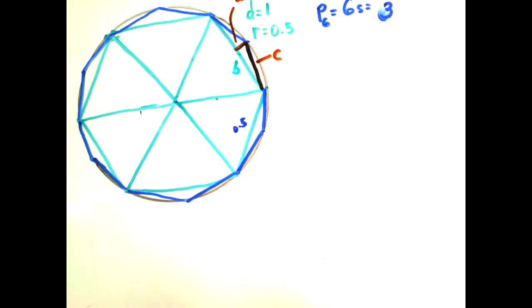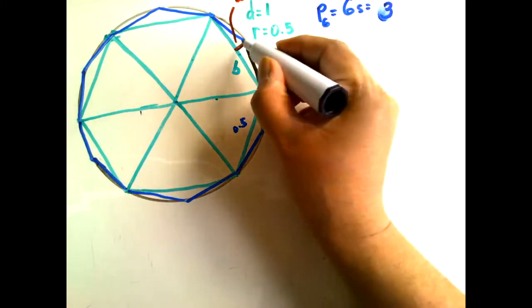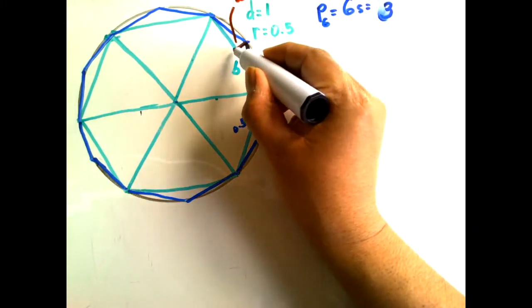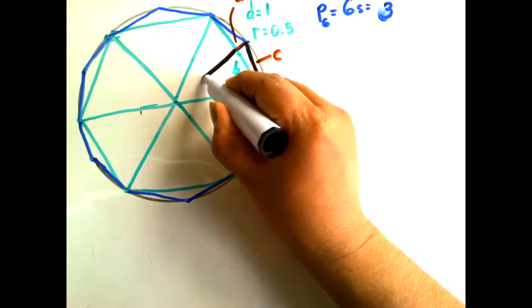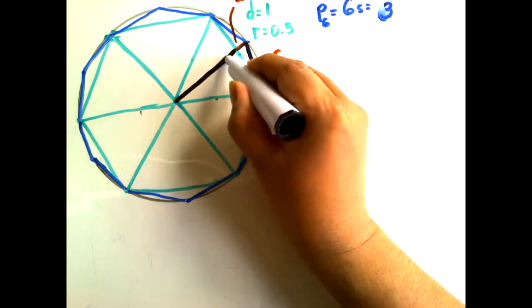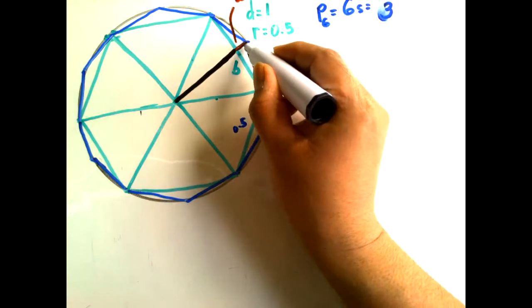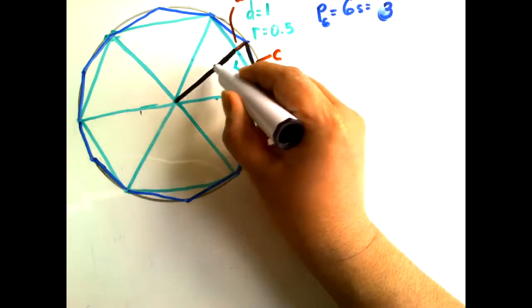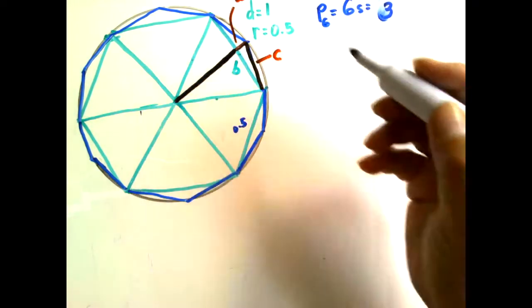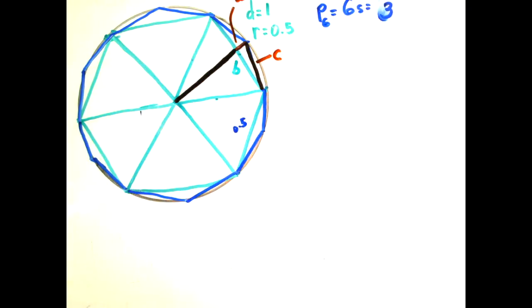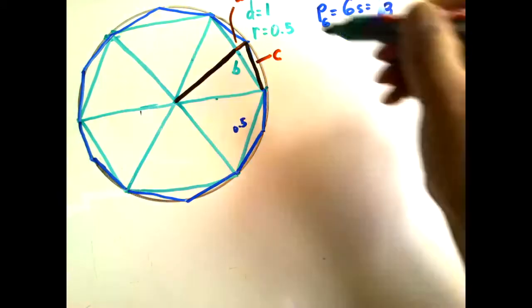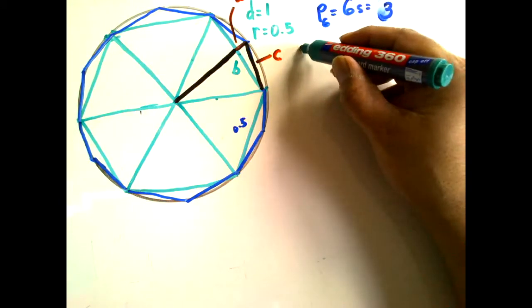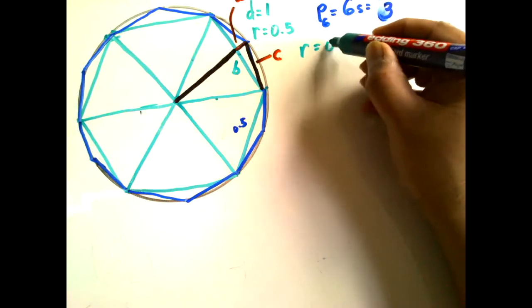Now first, we want to find out what that red line is. Well, the only way to find it out is to really extend this line a little bit further, right? From here all the way. And we know that the black line plus the red line is essentially the radius. So to make it a little bit visual, here the radius is 0.5.